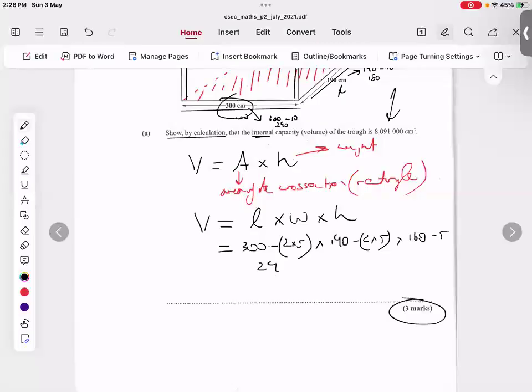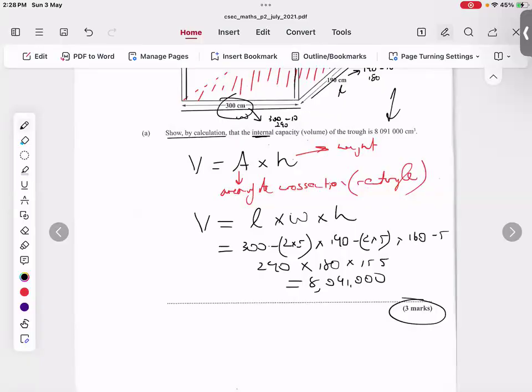So that's going to be 290 times 180 times 155, which is equal to 8,091,000. You don't have to be fancy, but if you want to be. All right? Lovely.